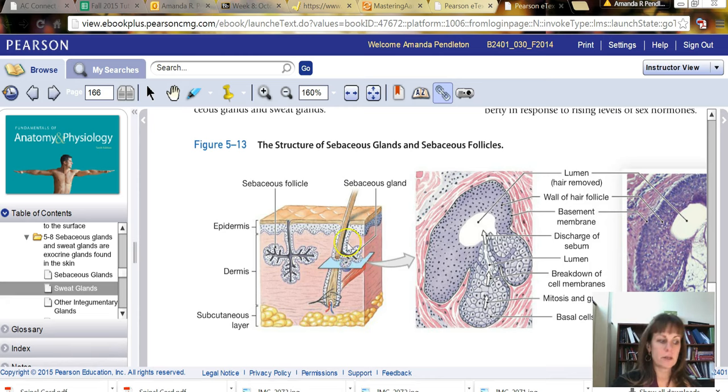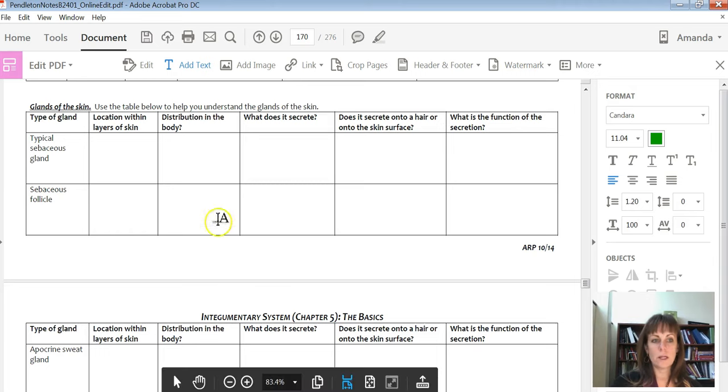You notice here's the gland, and it is located in the reticular layer, and it is going to have its secretory system open directly on the surface of the hair. In contrast, we have what's called a sebaceous follicle, and this is going to release secretions onto the skin surface.